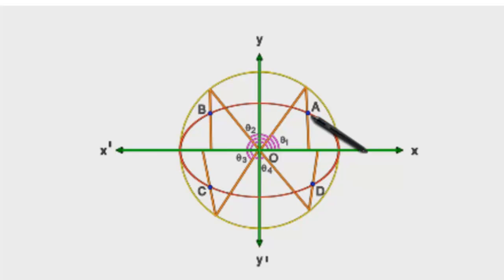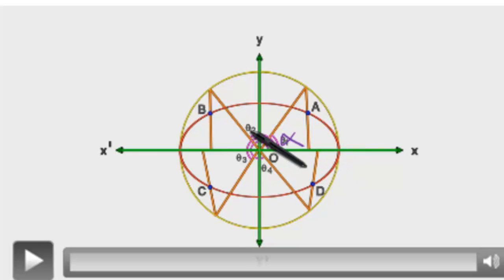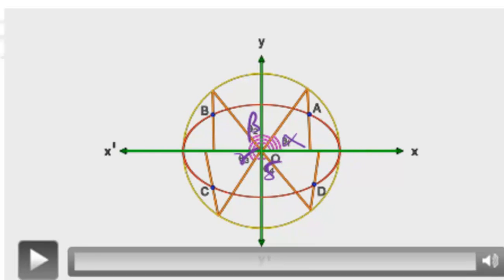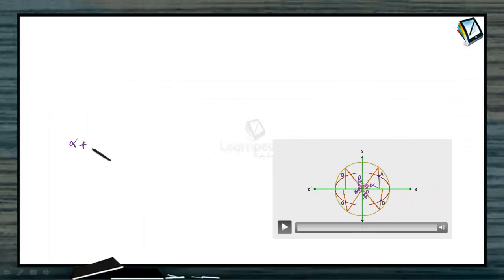Here you observe that this we have taken as alpha, this is beta, this is gamma, and this is delta. And we have proved that the sum of the eccentric angles of 4 points which are situated on the ellipse is (2n plus 1) pi, where n is an integer.